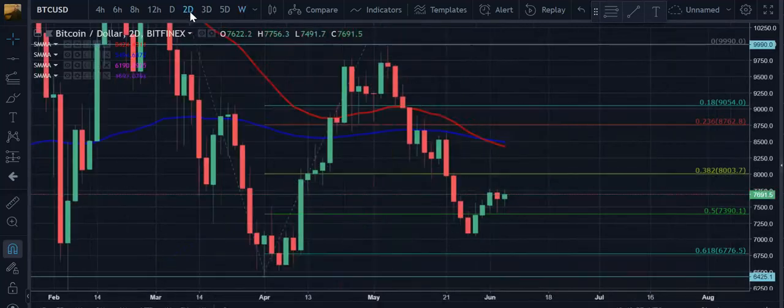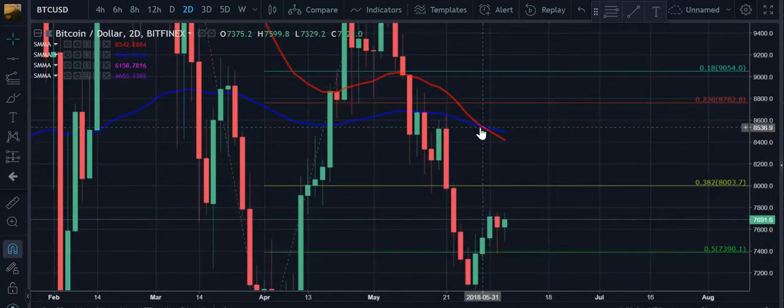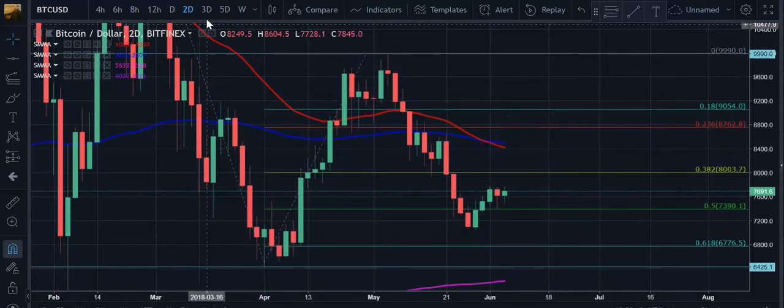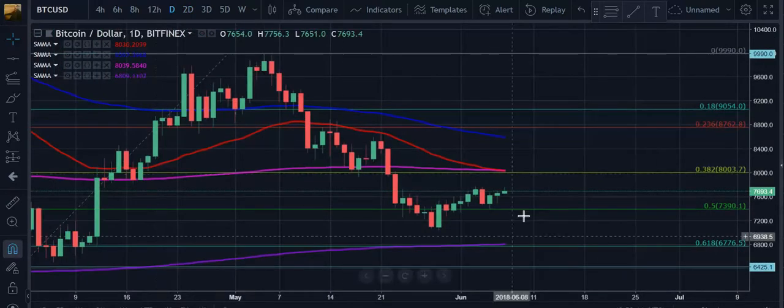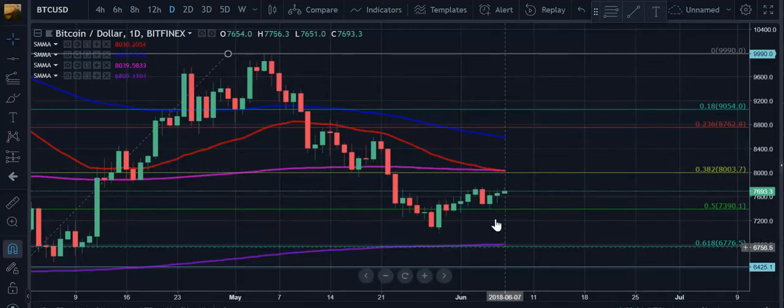We go on a 2D chart. On a 2D chart, we see a bearish crossover already happened, which is negative, and they're aiming to get to the 38% Fibonacci level. We go to the daily. On a daily, we see the 38% Fibonacci level is protected by two lines, sorry, the red and the pink, and here the purple one.